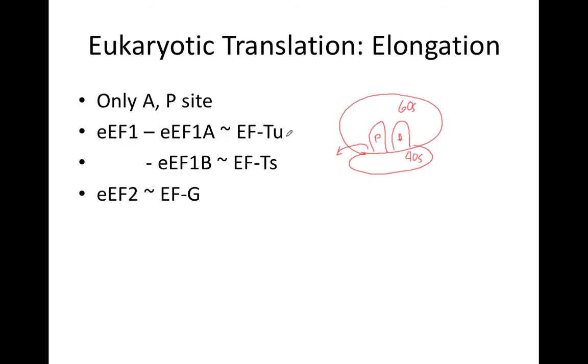EEF1A functions similar to EFTU, and EEF1B functions similar to EFTS, meaning it is EEF1A that brings the tRNA into the A site, and then once GTP is hydrolyzed into GDP and an inorganic phosphate, your EEF1B replaces GDP with GTP so that your EEF1A can once again bring another tRNA into the A site.